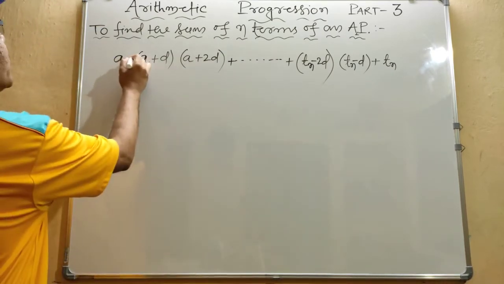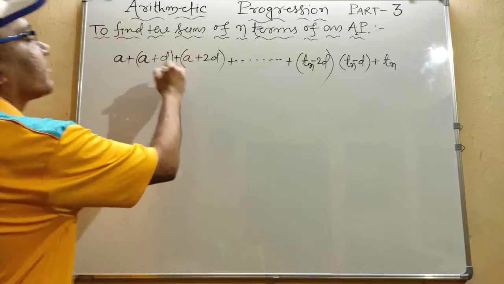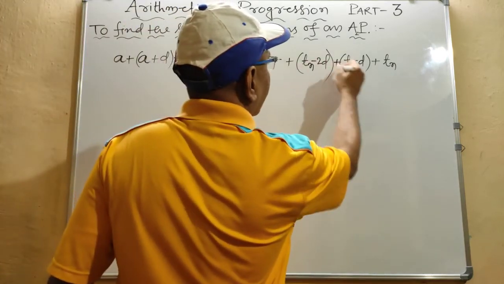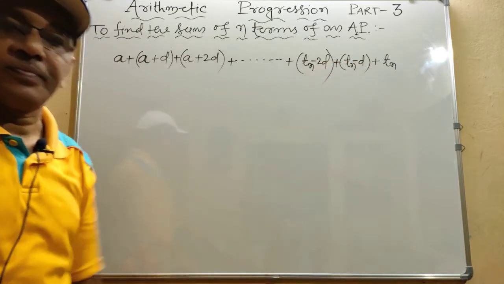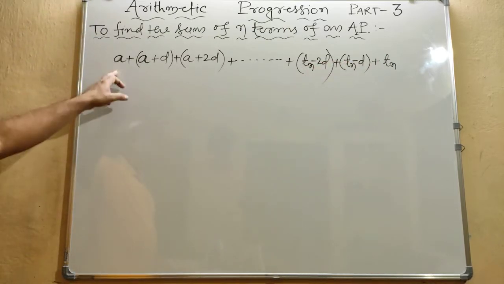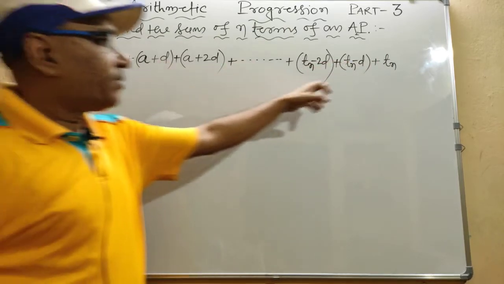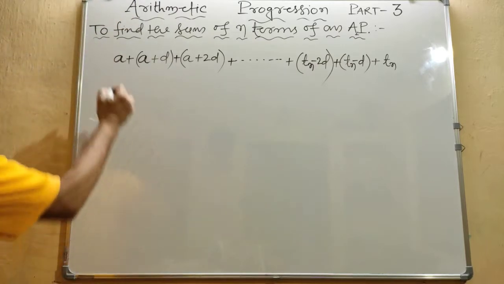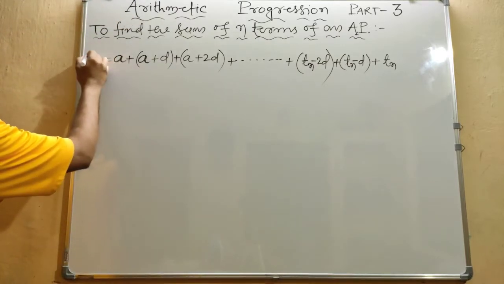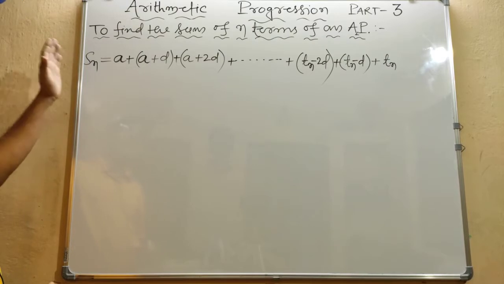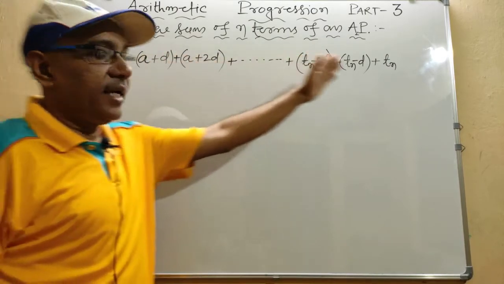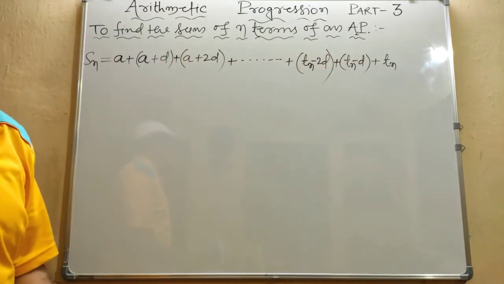We want to find this. Add all of them, which is already added here. This you have to find: the first term, second term, third term up to the nth term. This sum is denoted by Sn. Sn means the sum of an arithmetic progression up to n terms.